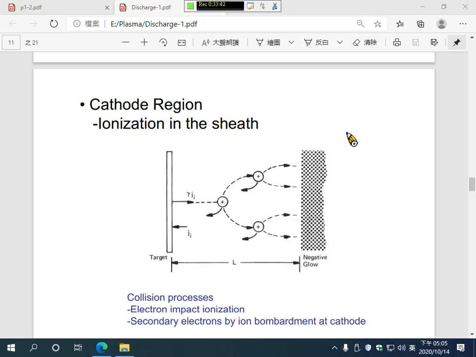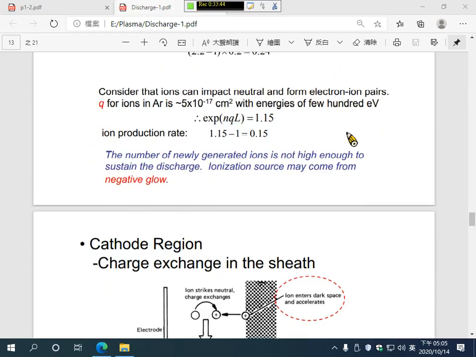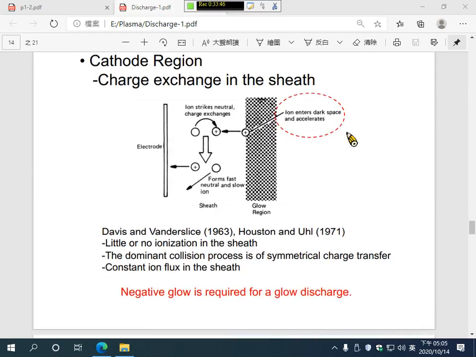So he proposed another model. Actually, it's Davis and Houston. They provide another model. In this model, the negative glow is important.